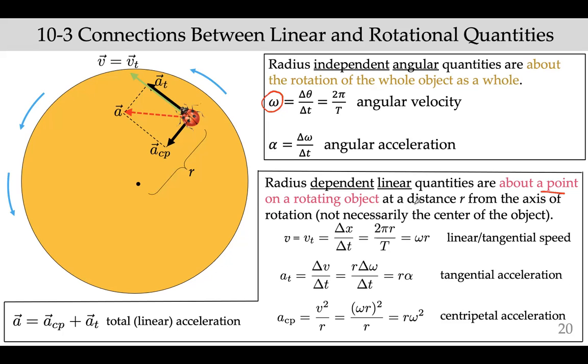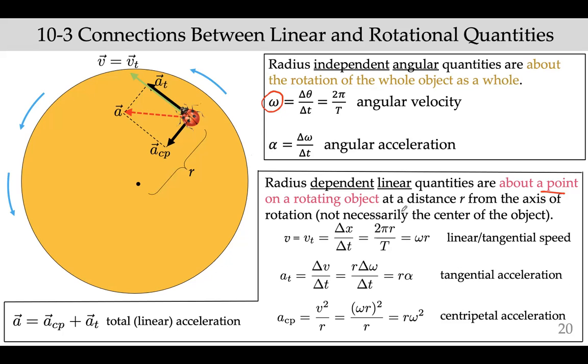They're about a point on a rotating object at a distance r from the axis of rotation. In this figure, our point is the ladybug, and we will discuss its linear quantities, also called tangential speed or tangential acceleration.